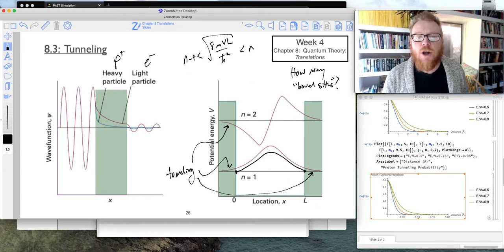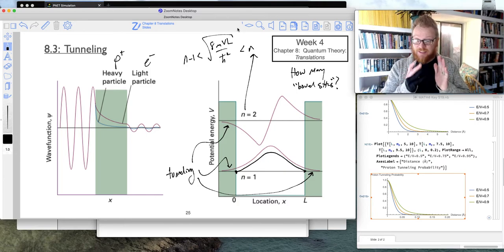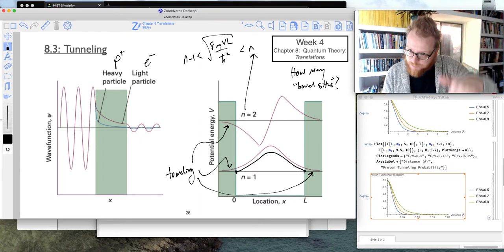And what's important to note about this relation is, you can see now the number of bound states, that's n, okay? It will increase as the length of the box gets wider, and it will also increase as the depth of the well gets bigger.